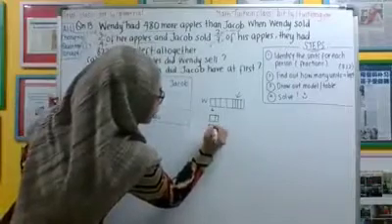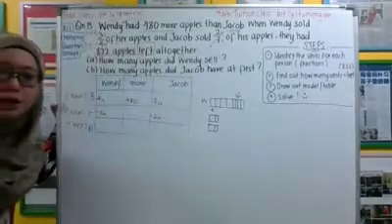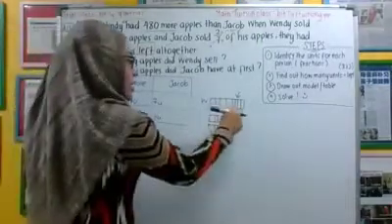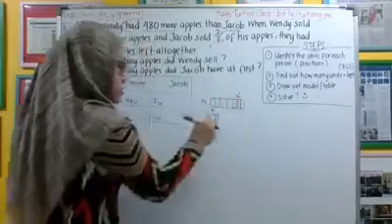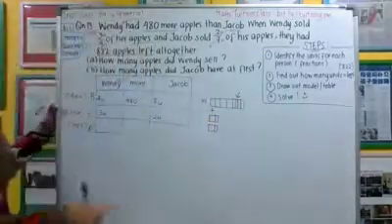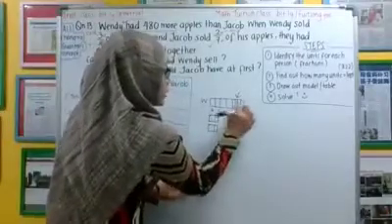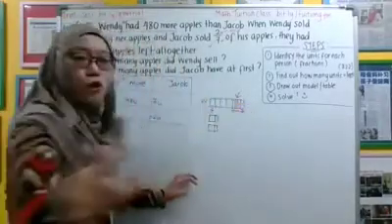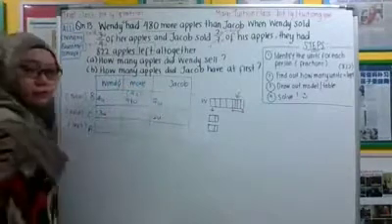For every 1 unit, she has 1 unit extra. Like this. Okay? So the 480 more here is actually 1, 2, 3, 4 units as well. So here we can put 4 units.